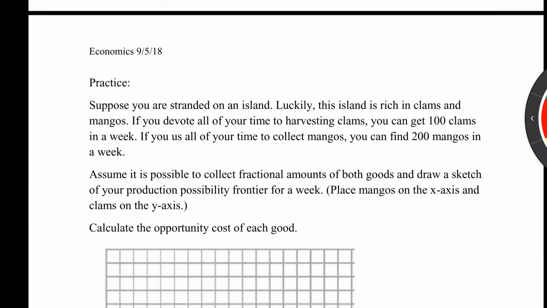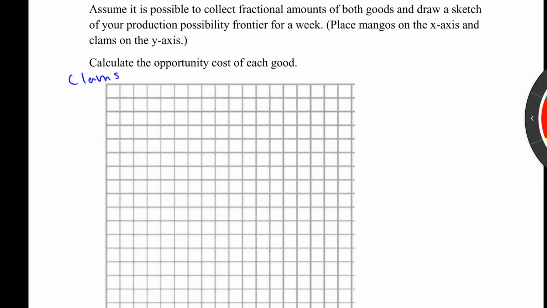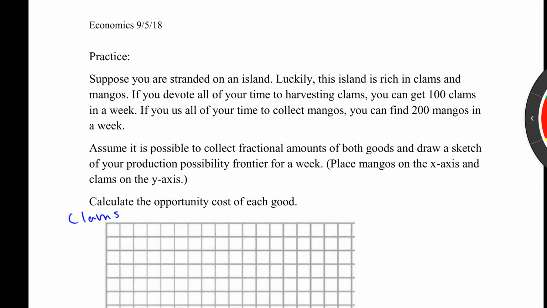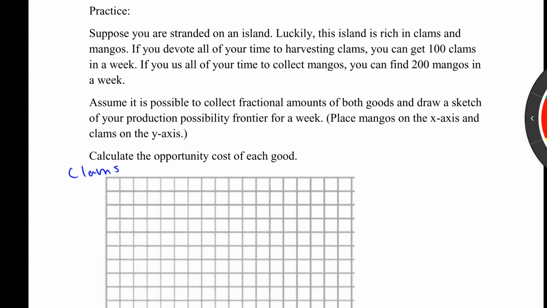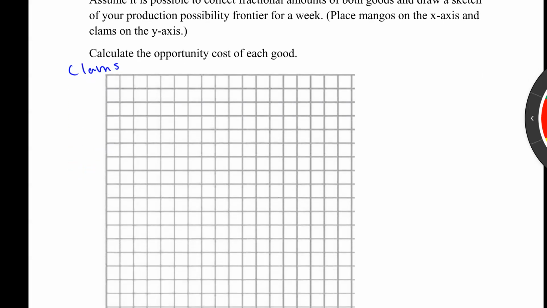Now we've got a practice problem with clams and mangoes. So I want you to read this problem and give it a go. We're going to put clams on the vertical axis and mangoes on the horizontal or the x-axis. And this is just the number of them produced, so we don't need to put a unit.